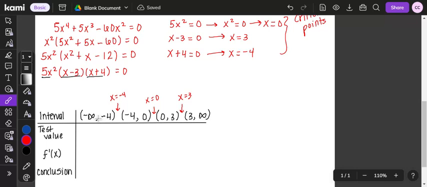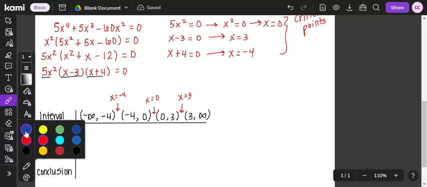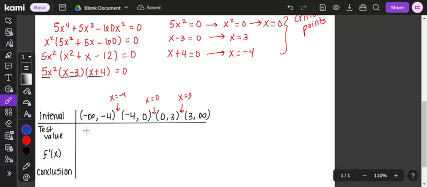So I'm going to pick -5 because -5 is in between -infinity and -4. So I'm going to say x equals -5. Then I'm going to do the same thing for this interval. I'll say x equals -1. And then in this interval, I'll say x equals 1. And then finally, in this interval, I could pick 4.